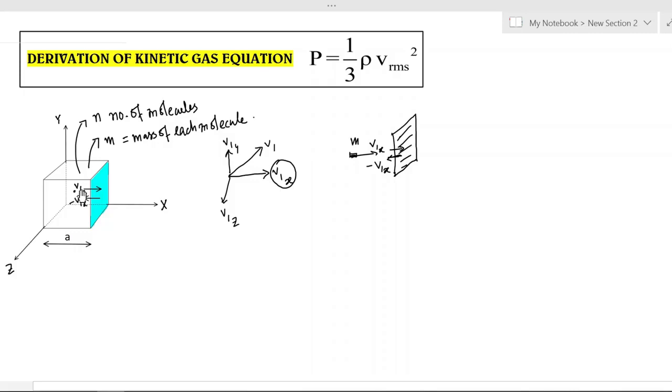So with v1x velocity, the molecule is coming and striking this shaded wall. It is rebounding after undergoing the perfectly elastic collision with velocity minus v1x and moving to collide with the back wall. After the collision, it is coming back again to collide with the shaded wall. How much is the distance the molecule is traveling?